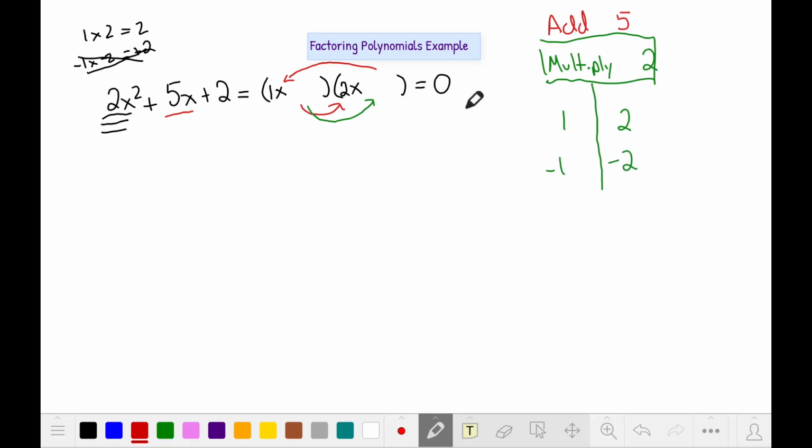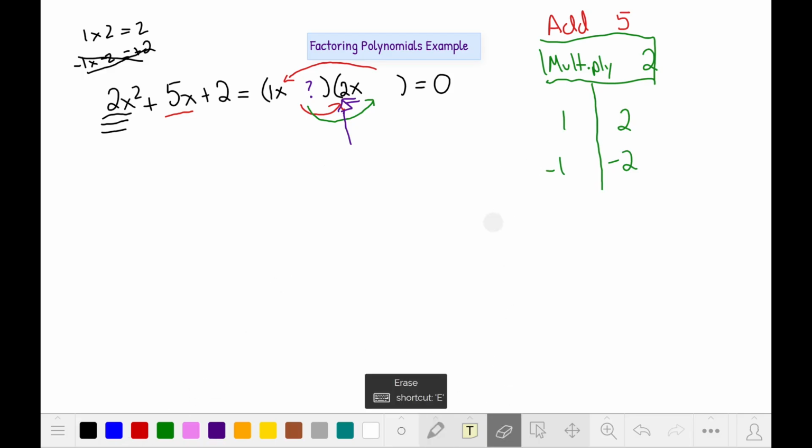Now, this is going to get a little bit trickier though, because of this 2x term right there. That 2x is going to be multiplied by this non-x term in here, which means that one of these two numbers has to be multiplied by the number 2, because it's not x times the number, it's 2 times x times the number.